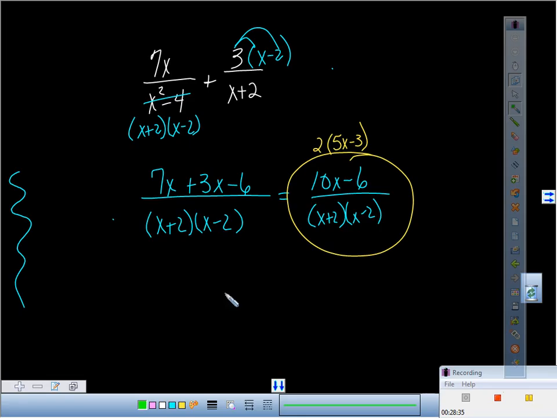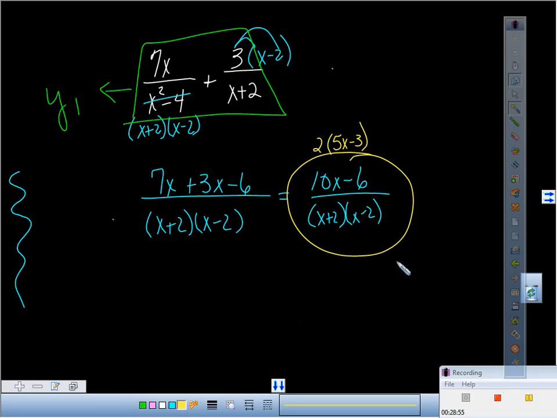Some of y'all are saying I could plug a number in and make sure that it got me the same thing right here that it gets me right here, right? Oh, so I could plug this one in Y1, and I could plug this one in Y2, and where should they be? On top of each other.